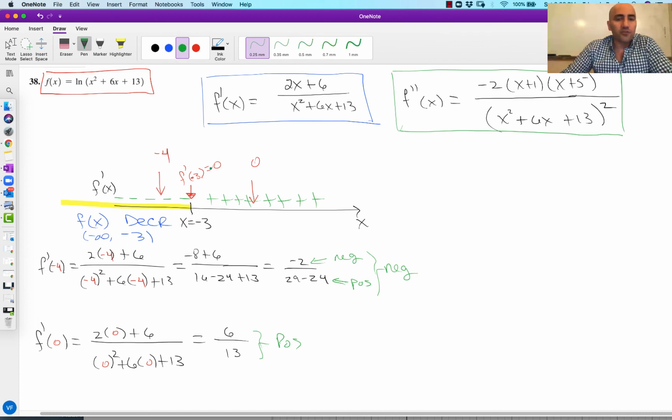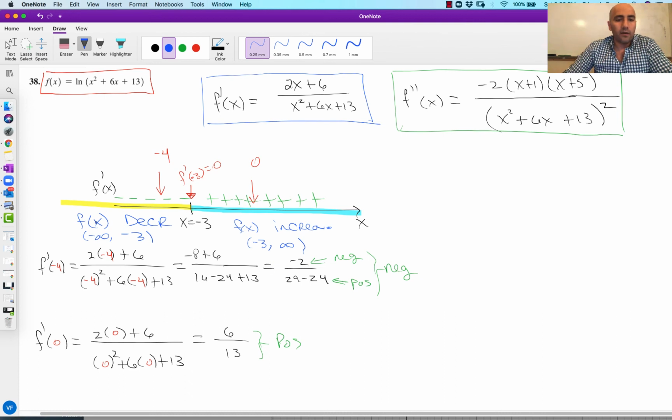And the first derivative is positive, which means that the underlying function f of x must be increasing. f of x is increasing on this interval from -3 up through positive infinity.